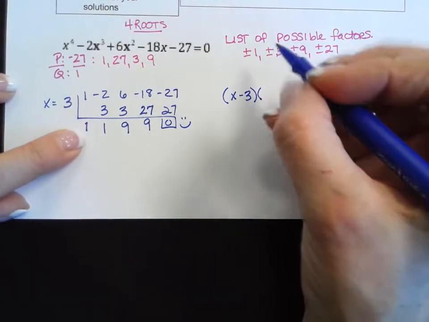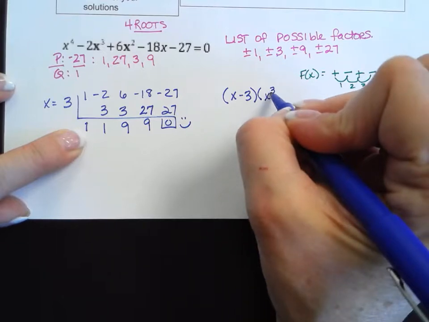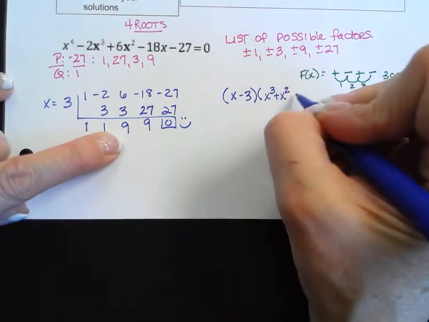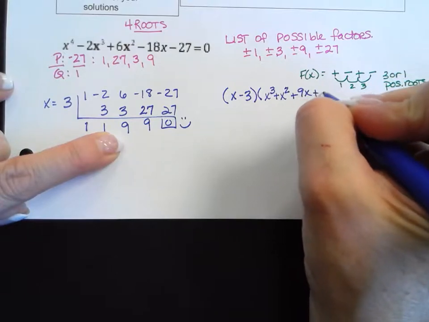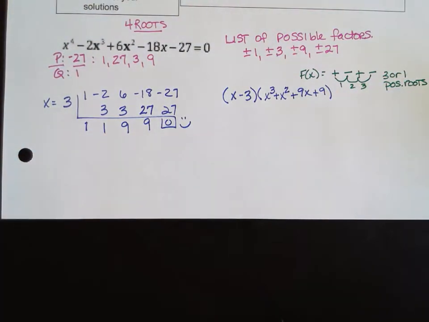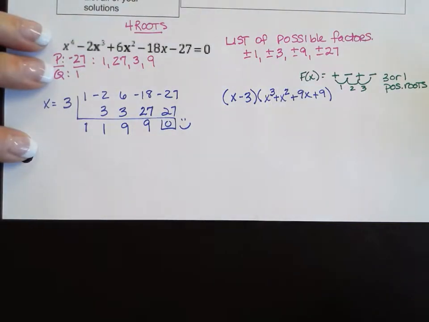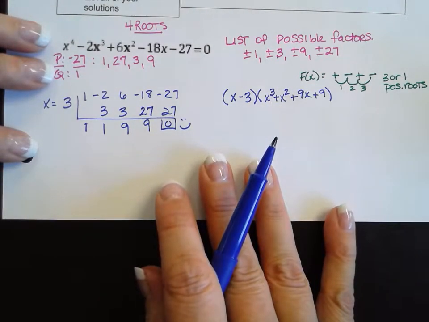And that's going to leave me with x cubed, oh, I'm sorry, plus x squared plus 9x plus 9. But the goal is to get everything factored down to all of the roots, so I can't leave it at a cube. So what should I do?